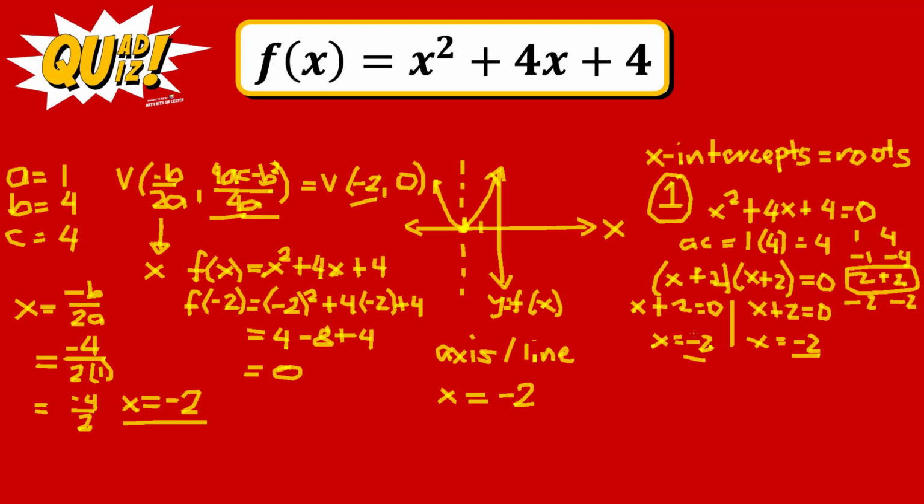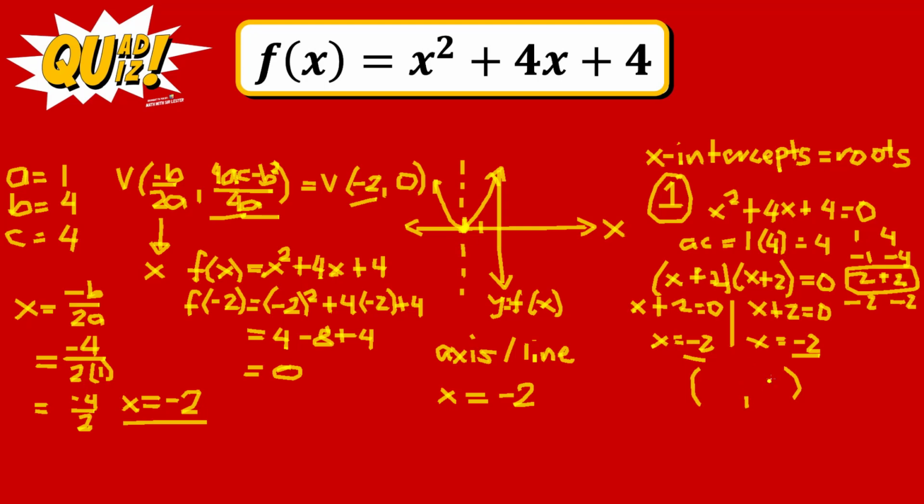And at the same time, even without the graph, just by looking at the roots, we can determine the exact x-intercept, not just the count. We know that there is one x-intercept, but we also know what our unique x-intercept is. An x-intercept is also a point on our Cartesian plane, hence it's a combination of x and y coordinates.